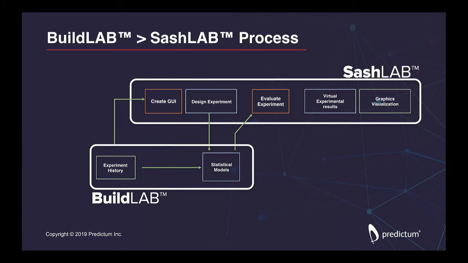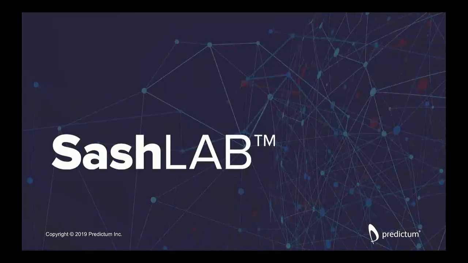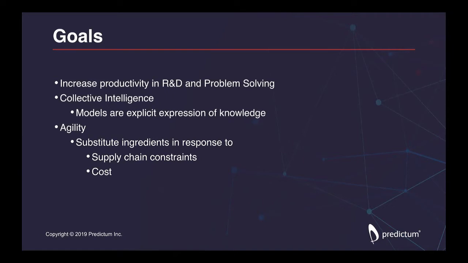Okay, so this is what we call BuildLAB, and our goal in that is, again, to increase productivity in R&D and in problem solving. Here again, the collective intelligence, because we have these explicit models, these explicit expressions of knowledge. And one of the reasons folks do it is to be able to, for example, substitute ingredients. Sometimes there are supply chain constraints or costs that go up.